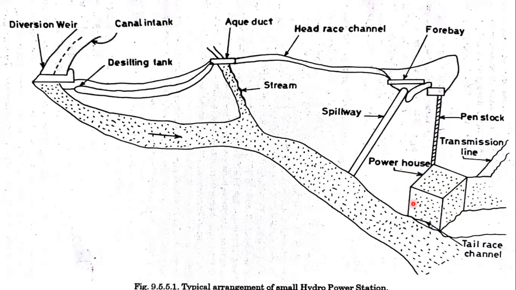This powerhouse contains turbines, generator, protection schemes and controlling equipment, dewatering and drainage system, auxiliary power systems, grounding, emergency and standby power system, lighting and ventilation. All will be equipped in this powerhouse. And the last one is the tail race channel.